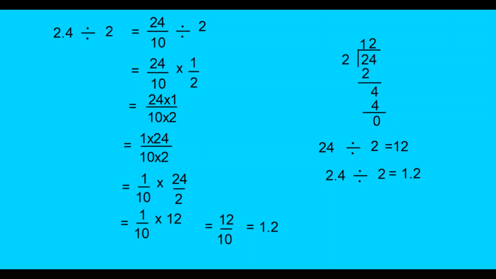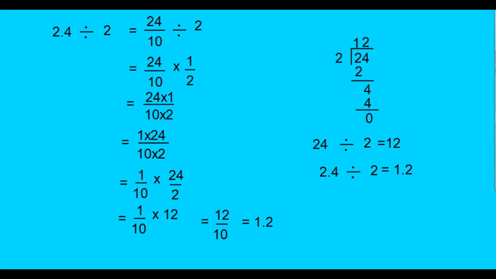Now see what is the difference in their answers. In the dividend, after the decimal place only one digit is there, and in the answer also after the decimal place one digit. That means you just divide the number as usual and put as many digits after the decimal in the quotient as there are in the dividend.